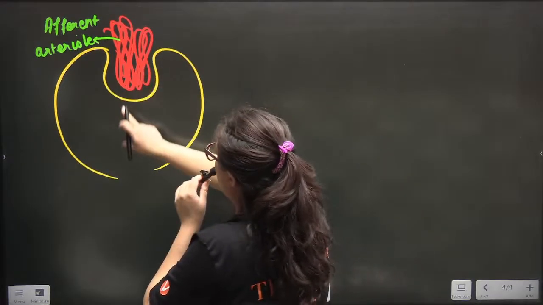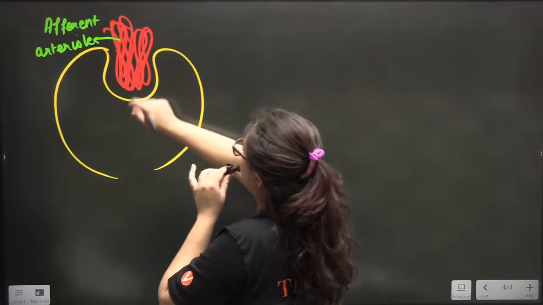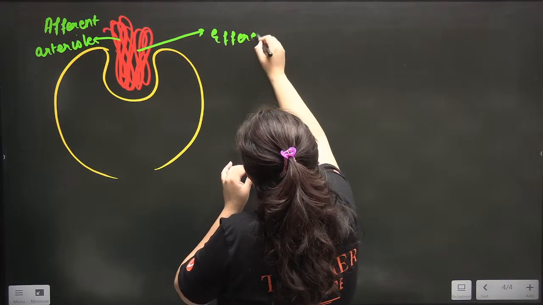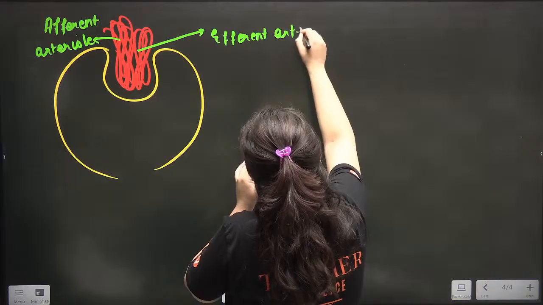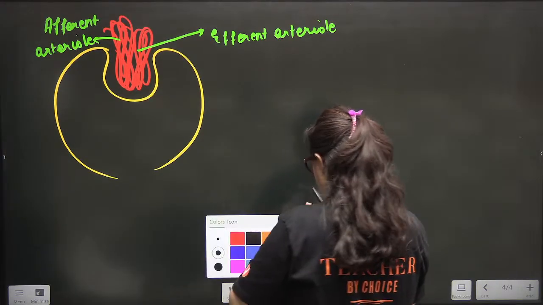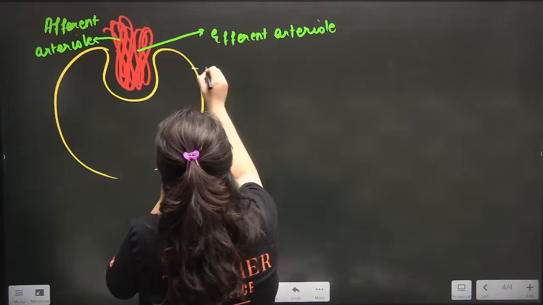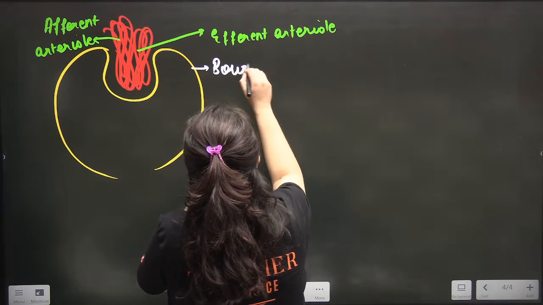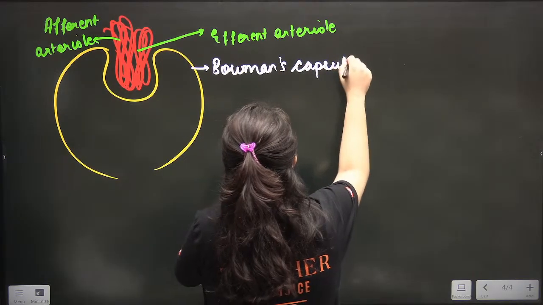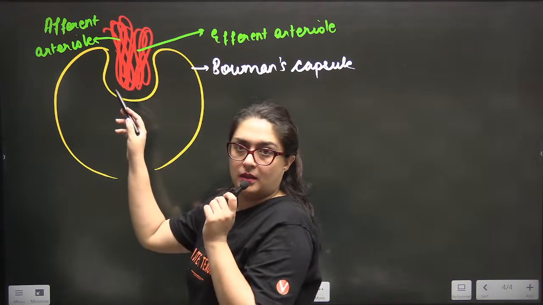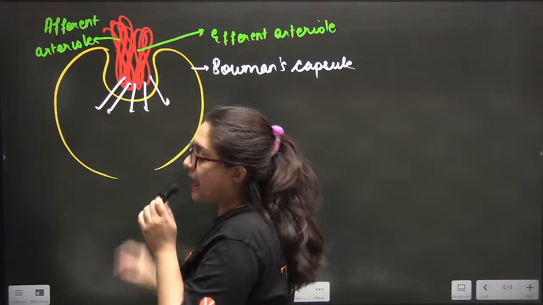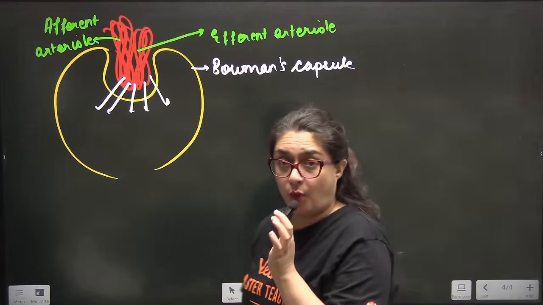This glomerulus and Bowman's capsule form the Malpighian or renal corpuscle of the nephron. Efferent. So whatever blood is coming from the afferent arteriole is transferred to the capillaries, and these capillaries will filter the blood under very high pressure because they are very thin walled.